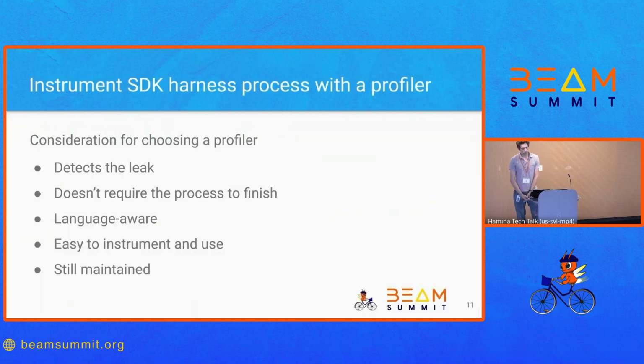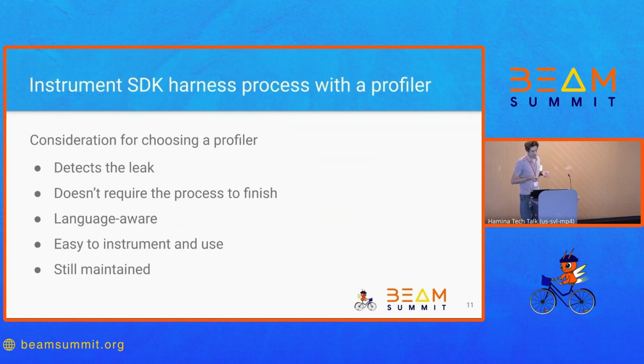Well, one of the ideas was, can we instrument the SDK harness process with a profiler? And can we do some analysis on maybe the heap dumps, or basically see where the memory is being allocated? How can we find where we are leaking the memory?